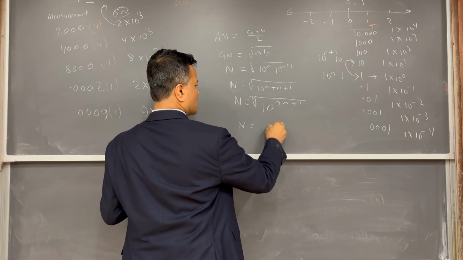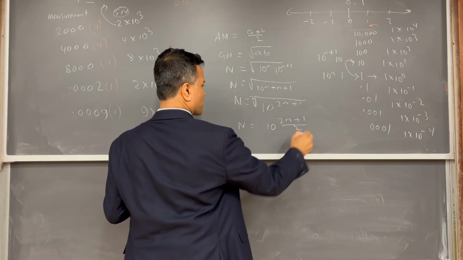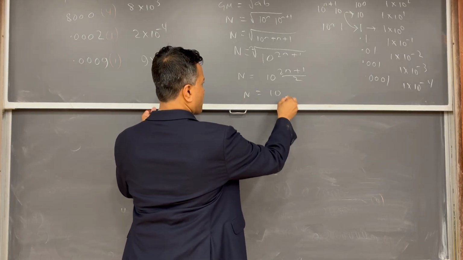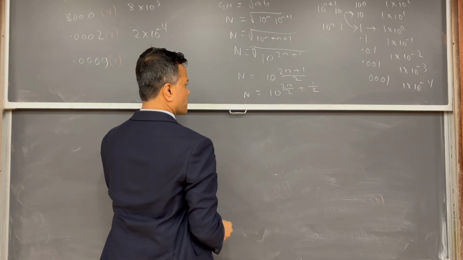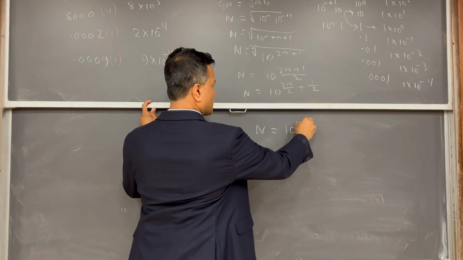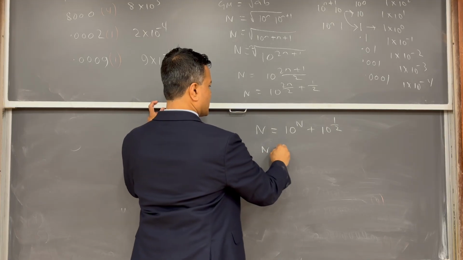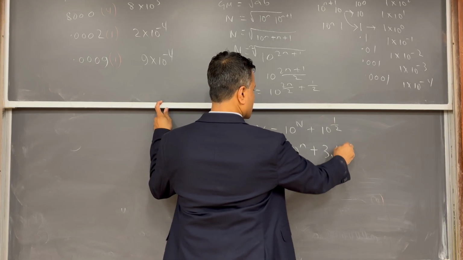So I'm going to write 2, 10 to the 2n plus 1, divided by 2. And then n is equal to 10 to the 2n divided by 2, plus 1 divided by 2. And then n is equal to 10 raised to n times 10 raised to half. So n is 10 raised to n times 3.16.